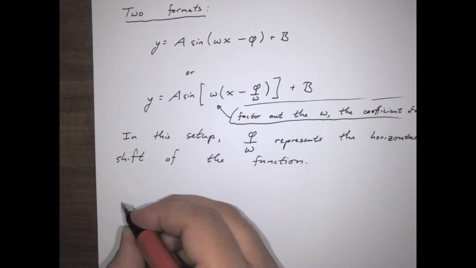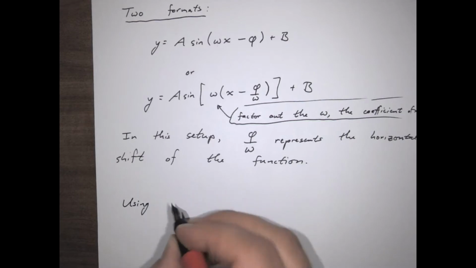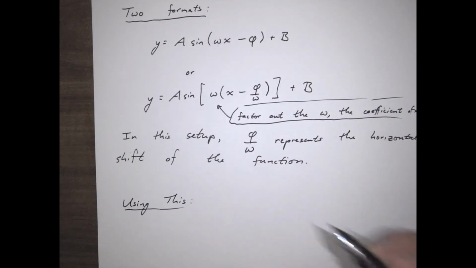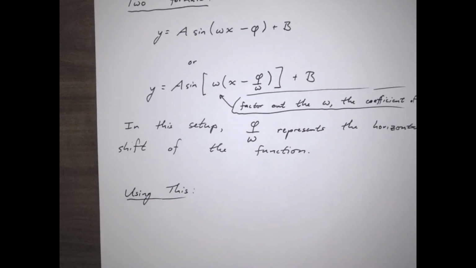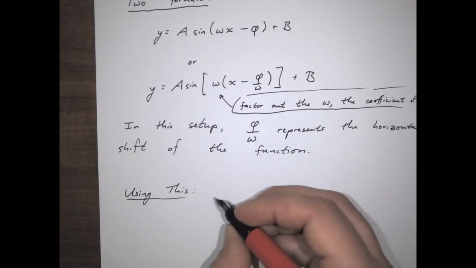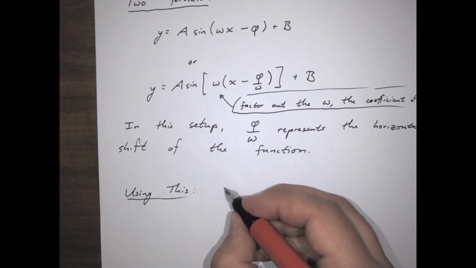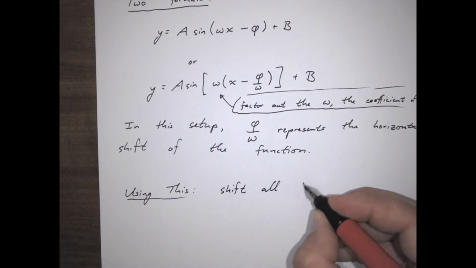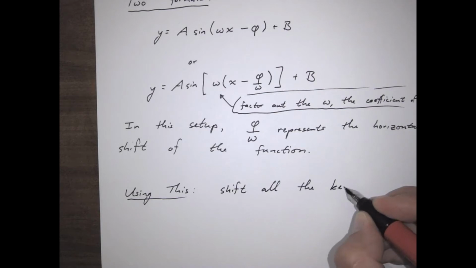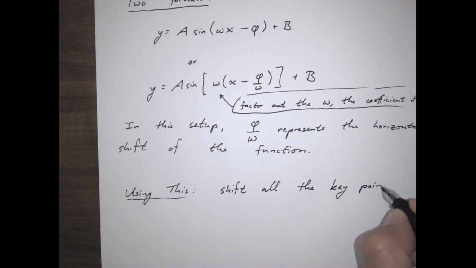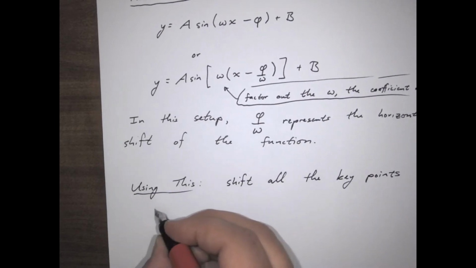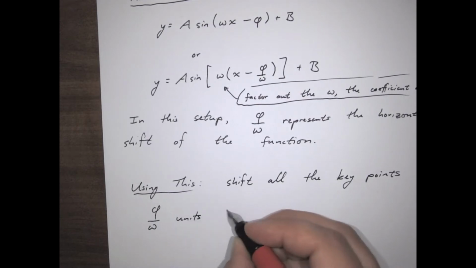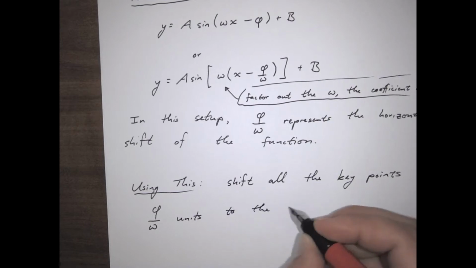So using this, we can still find the key points as before, and we can just shift all the key points phi over omega units to the right.